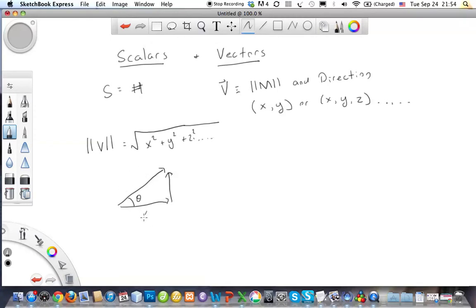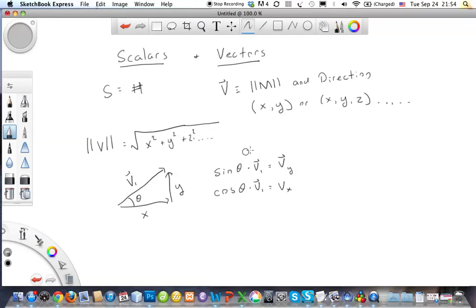If you had a vector, I'll call it vector 1, with an x component and a y component, you can find the y component because the sine of theta times the vector equals the vector's y component, and the cosine of theta times the vector gives you the vector's x component.